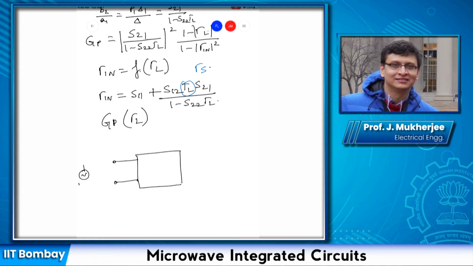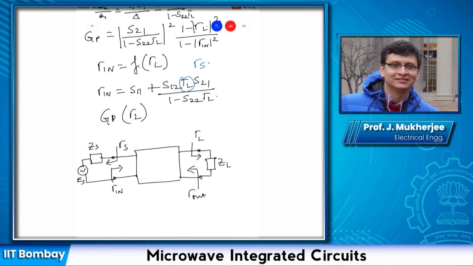So let's go back to the basic two-port network with the source and a load, like this. So this is gamma in, this is gamma S, this is gamma out, and this is gamma L.